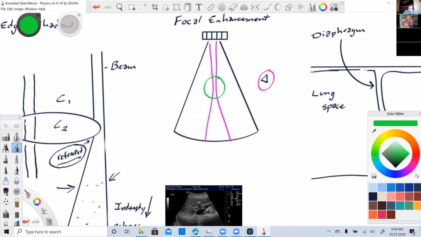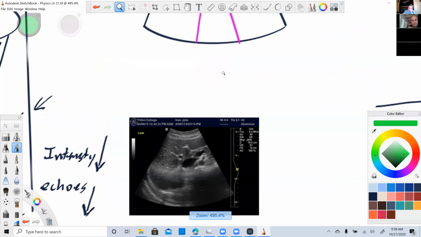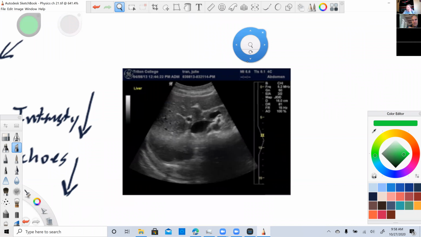Most of the time, you don't notice this, but every once in a while, I guess it is possible to have an area of focal enhancement. So here's this whole area here where it's a little bit too bright. Well, if I could draw the ultrasound beam in, jeez, I need my little cheater here.